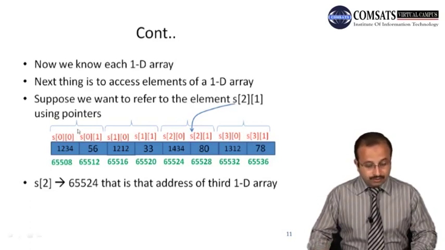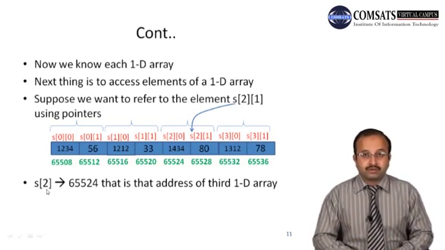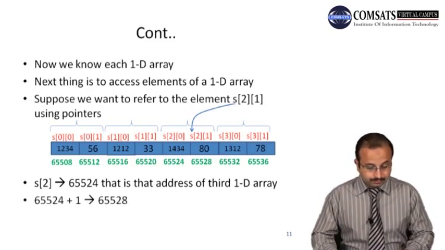So this is the first one dimensional array, this is the second one dimensional array, and this is the third one dimensional array. And third one dimensional array का base address क्या है? 65524. We can access this address if we write S of 2. So S of 2 contains the address of the third 1D array, right?